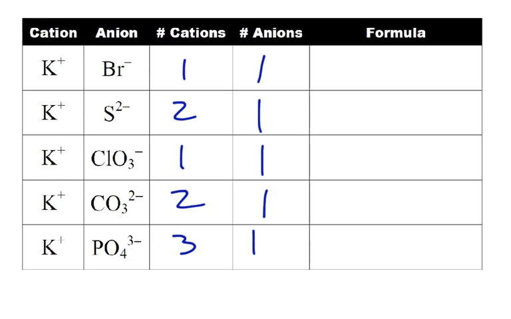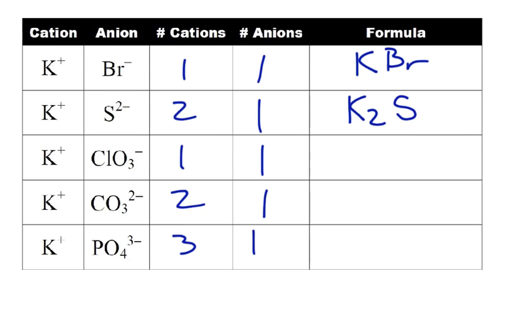Okay, so my first compound, if I just need 1 potassium and 1 bromide, then my formula is KBr. And the compound is called potassium bromide. If I need 2 potassiums, then I simply put a little subscript 2, and I have a sulfide, so that compound is potassium sulfide, K2S.